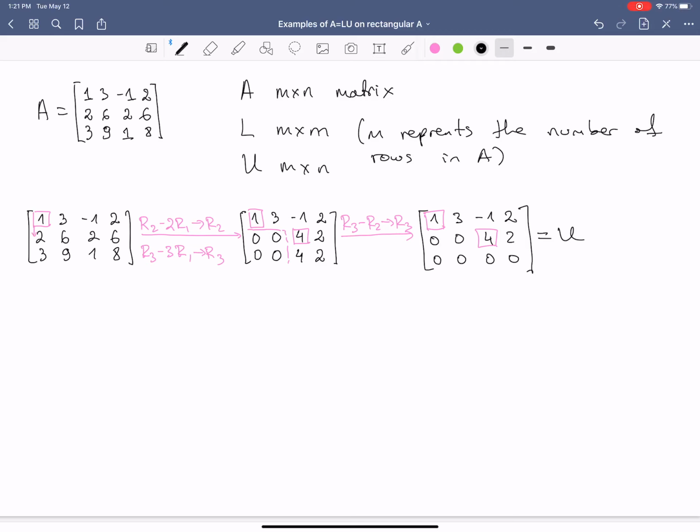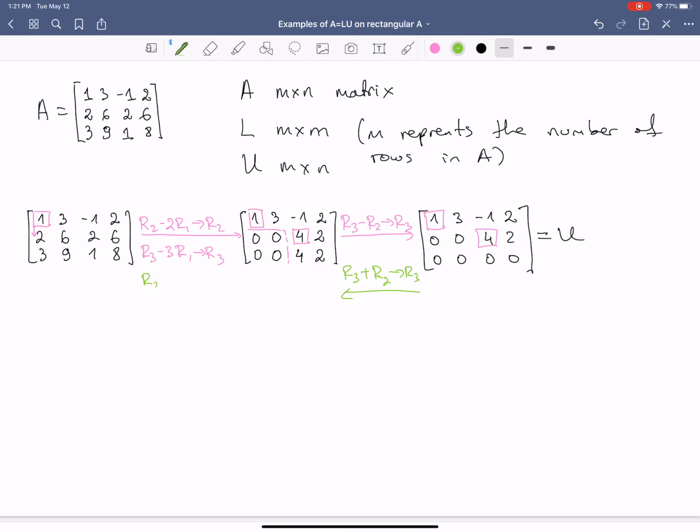Now, let's find the matrix L. Just like in the square matrix case, you get L the exact same way. The first operation to be reversed would be R3 plus R2 into R3, and it acts on U, so it acts in the opposite direction.